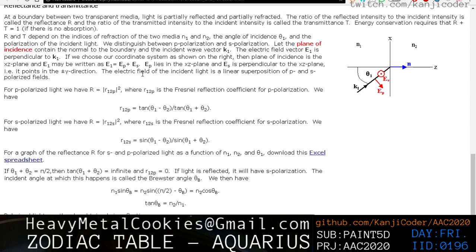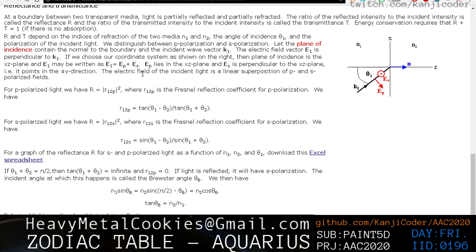For P-polarized light, we have R equals the absolute value of R12P to the power of 2, where R12P is the Fresnel reflection coefficient. For P polarization, R12P equals tan(θ1 minus θ2) divided by tan(θ1 plus θ2).